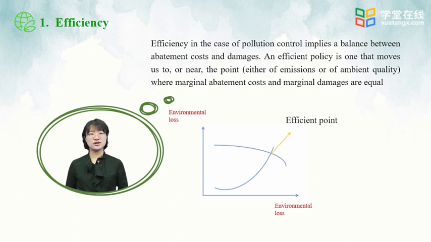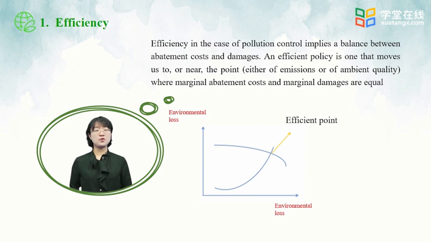The emission reduction cost will get higher, of course, at the same time. So which one is the balance point? The balance point should be their cross point, namely the equilibrium point. It is the most efficient point. When we implement an environmental policy, we should make sure that the strength point is at the efficient point. At this time, the environmental policy is the most efficient.